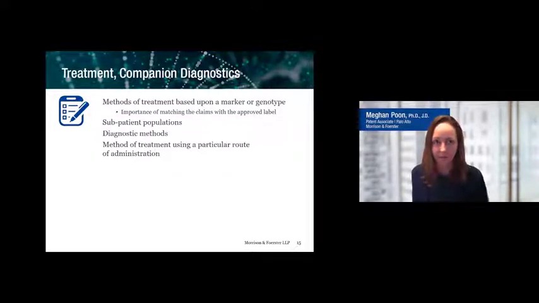So, as a part of your therapy, do you need to determine whether or not the patient expresses a particular protein? Is that necessary for the therapy to be effective? Also methods of treatment using a particular route of administration.